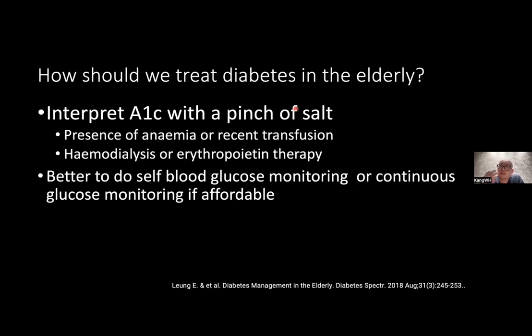But if we compare to a normal Hb of 11 or 12, probably this uncle's A1C is around 8 to 9% already. So this is bad. But if you have had a recent transfusion, the hemoglobin is from someone else. If it's from a non-diabetic, then of course the A1C will look better. Yes. Okay. Makes sense.